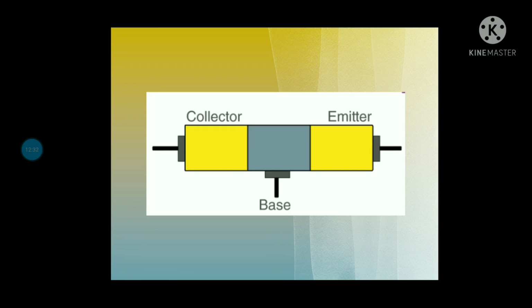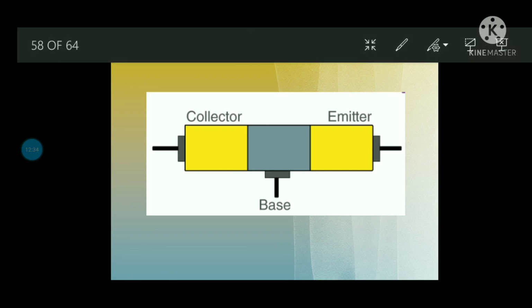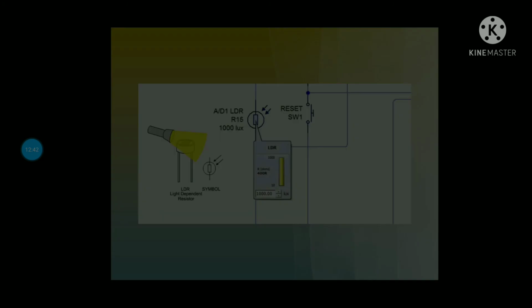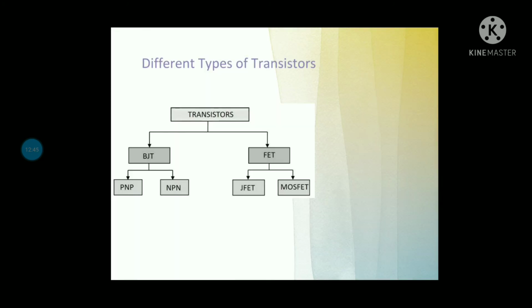Okay, so you can see clearly in the image, as the intensity of light increases, voltage increases. This is a small diagram showing the different types of transistor.